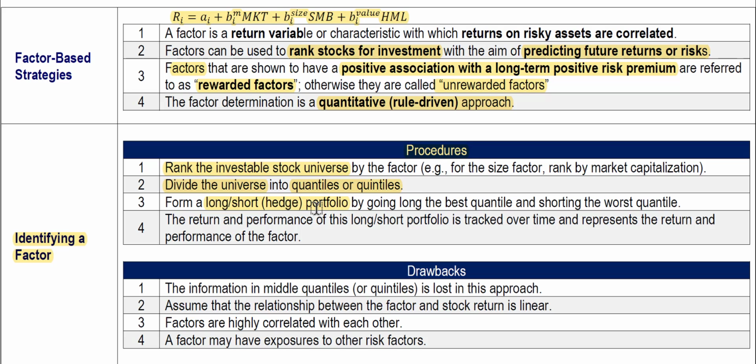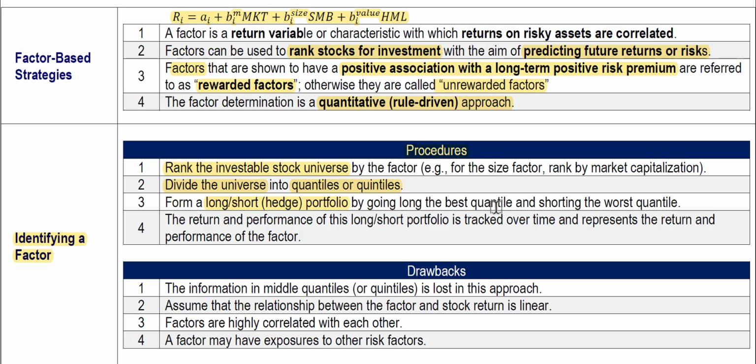For example, if you rank from the first quintile, 20%, to the last quintile, 80 to 100%, then you believe the highest quintile will give you a higher return than the lowest quintile. Then you hypothetically go long the highest quintile and short the lowest quintile.